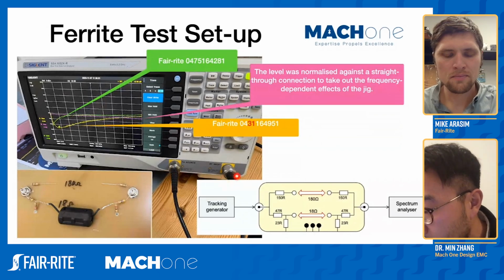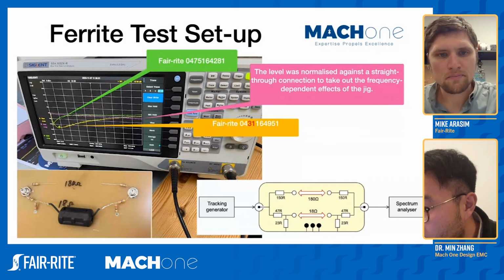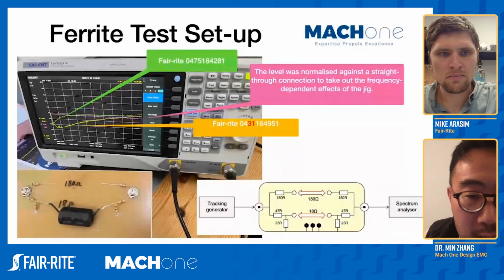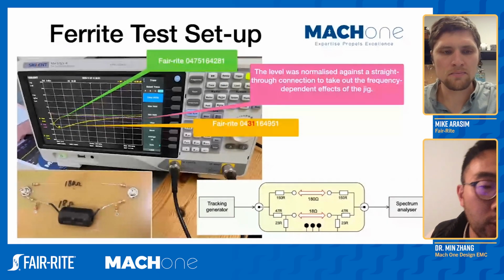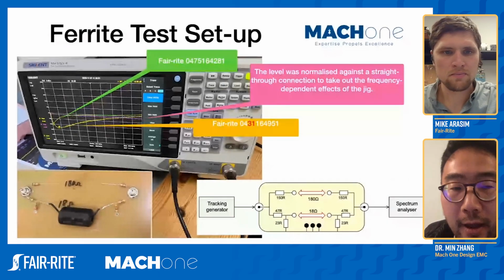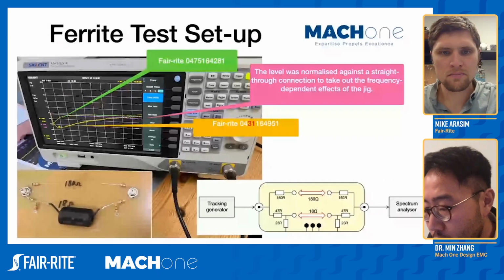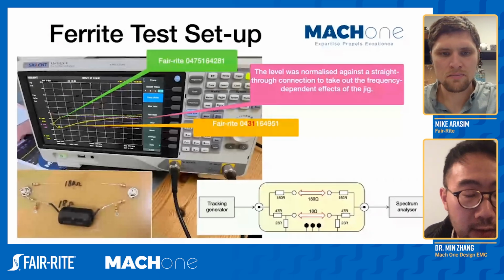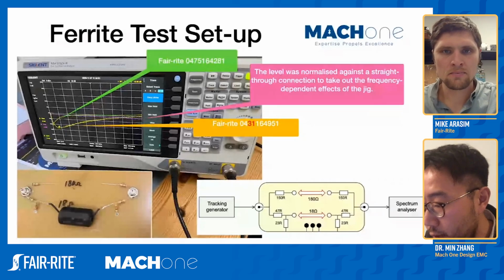So we've got 50 ohm and 50 ohm here. If you work out the math, you can quickly calculate that this channel shown here will have what we call a high impedance path, which is 180 ohm, and this path would be 18 ohm, representing a low impedance path. With a simple jig like this, we can demonstrate the effectiveness of a ferrite core, and we can demonstrate a few ideas which we will show you later on.